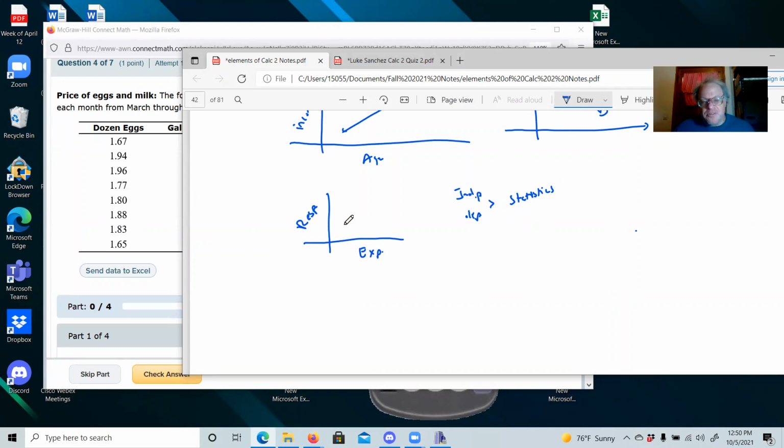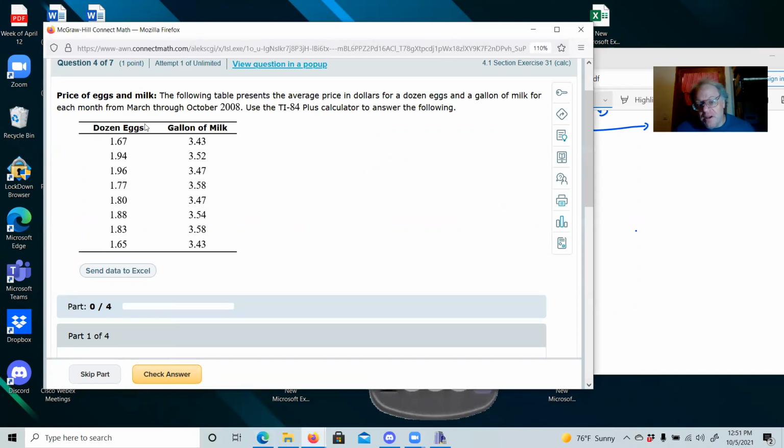There's no real reason why one is explanatory and the other is response in this case. Usually this book does not go out of its way to fool you, and I am not going out of my way to fool you. The first variable they give you are the x values, the explanatory ones. The response would be the y values, the second variable they give you.